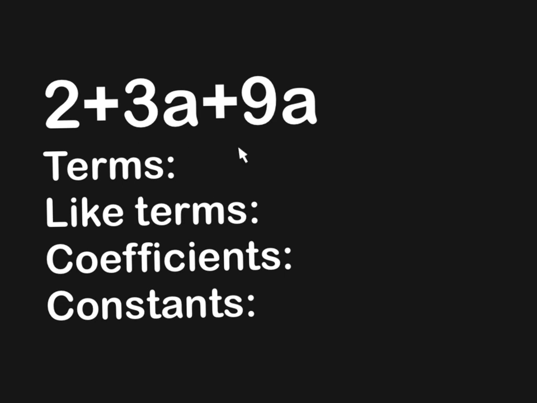This is the problem. You identify the terms by looking at what the numbers are. 2 is a term because you're adding it to 3a. But also, 3a is a term, and also 9a. Don't forget about 9a. All 3 of these are terms. Got it?